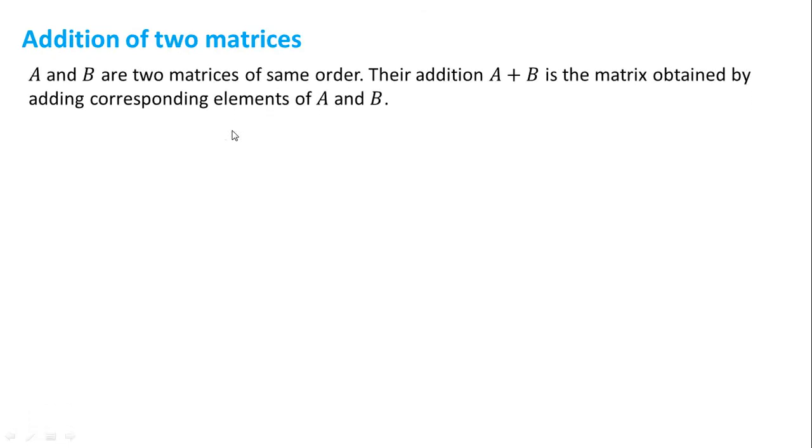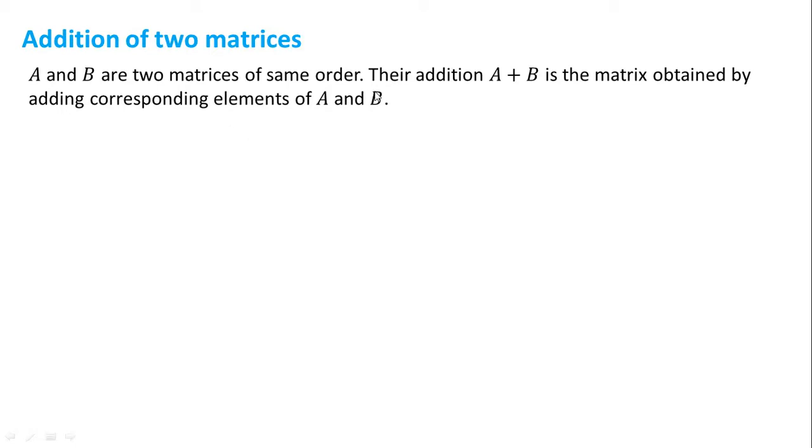Now the next concept is addition of two matrices. If you want to add two matrices, what is the condition that we have to study? See here, A and B are two matrices of the same order, so the order must be the same for addition.